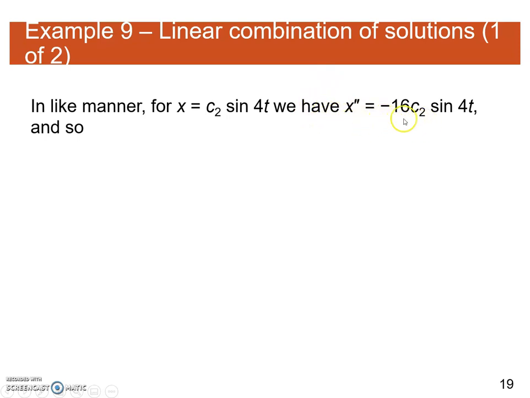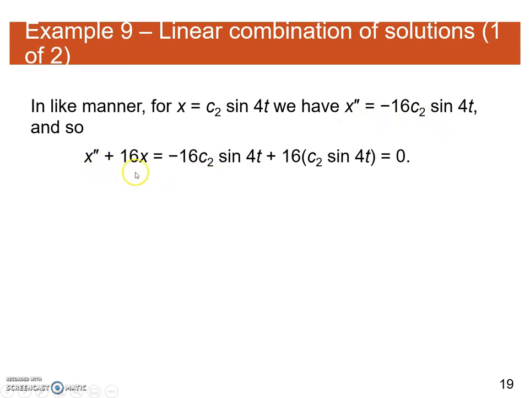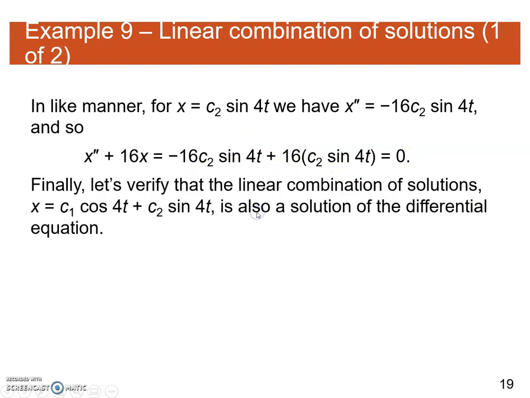It's -16c2 sin(4t), and just input these values into this equation, and you can see that it is minus, this is plus, 0 equals 0. So individually we have found that these two functions satisfy this differential equation. But how about their linear combination?